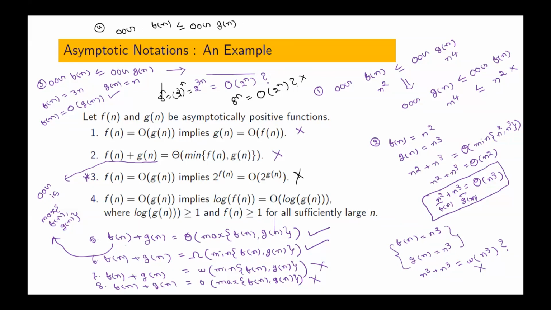That much is known. Now, does it imply that if I take the logarithm, the order of growth of log of f of n is less than or equal to the order of growth of log of g of n? That is the question.